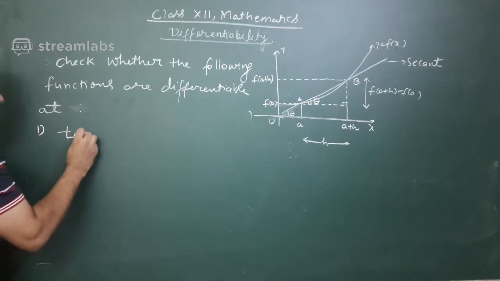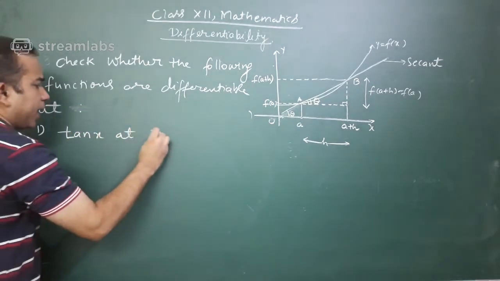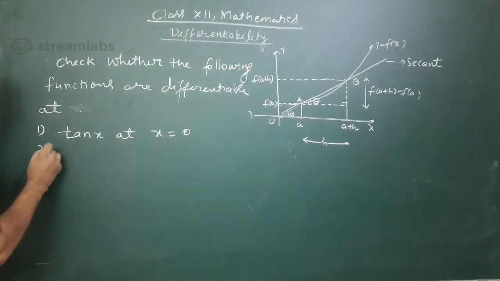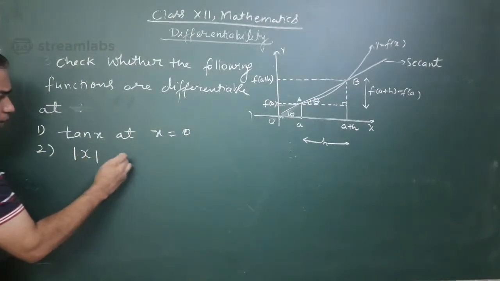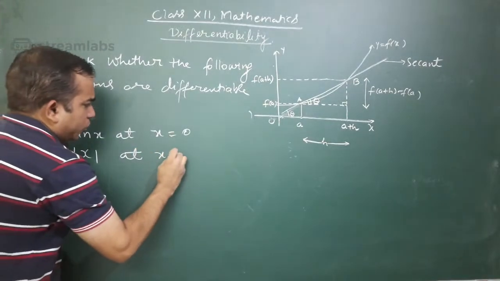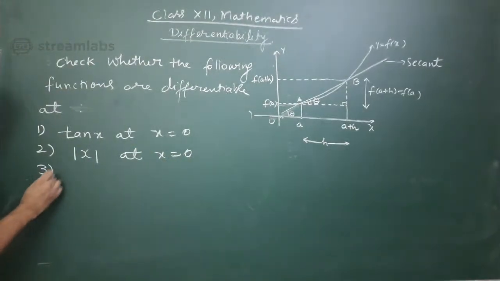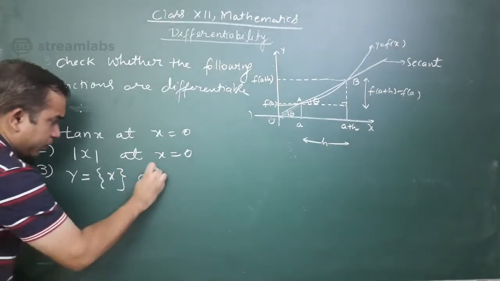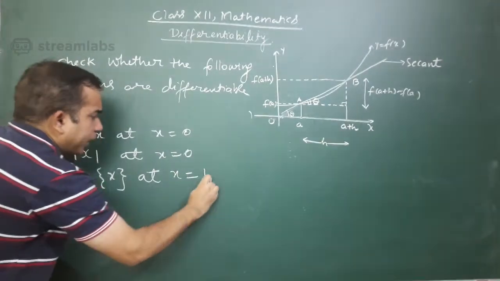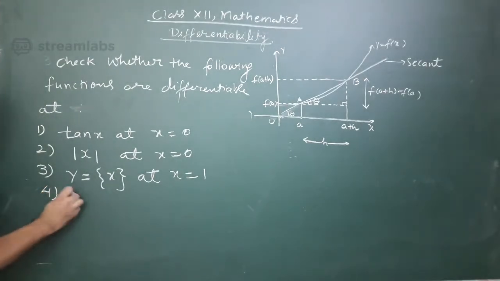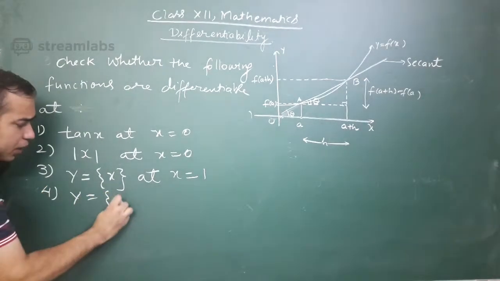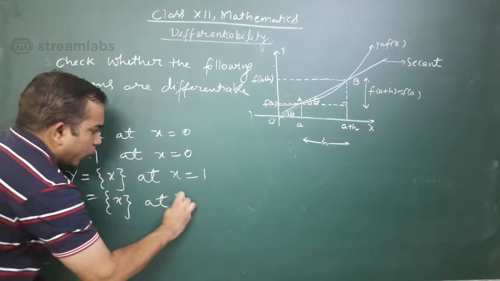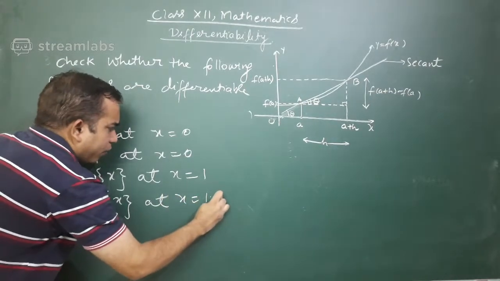Tan x at x equal to 0, modulus x at x equal to 0, y equal to fractional part x at x equal to 1. The same function, y equal to fractional part x at x equal to 1.5.